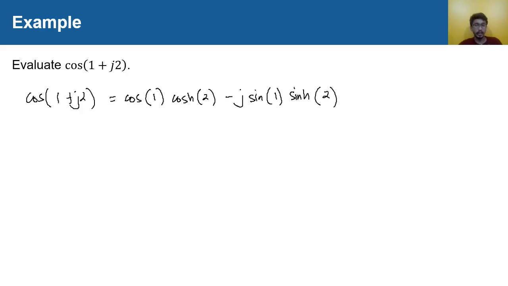Entering this on your calculator, take note that you should use the radian mode of your calculator. So we now have 2.0327 minus j3.0519. This is our answer.